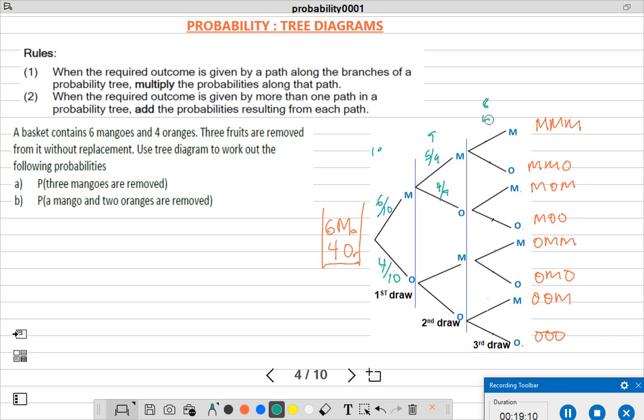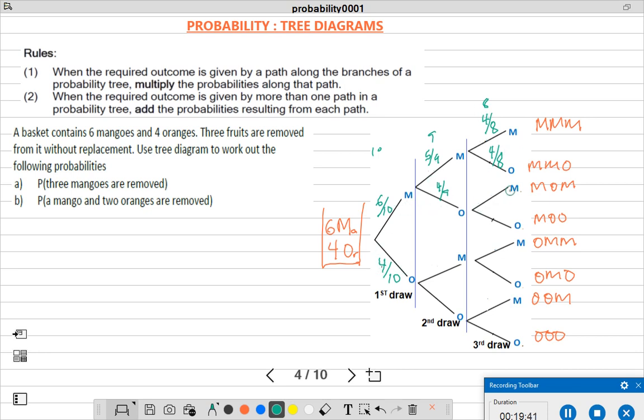So you'll be having 4 out of 8, because the fruit was removed without replacement. Now here you have mango, mango, orange. If you remove a mango and a mango, those are 2 fruits removed. You haven't removed the orange. Orange will still be 4. So this will be 4 over 8.